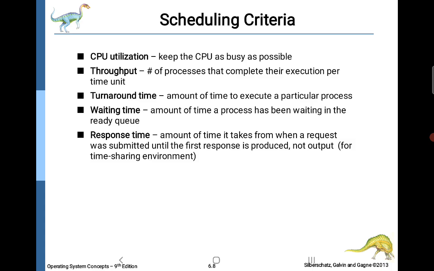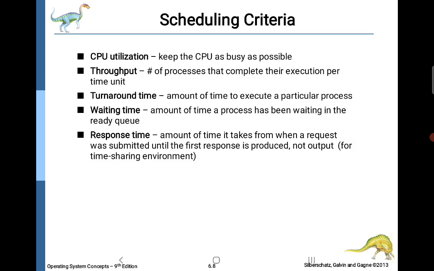And we want to minimize the waiting time of a process waiting for the CPU. Last but not least, we want to have the smallest possible response time. And this is very important for the user convenience. After I click, I need to see an immediate response.